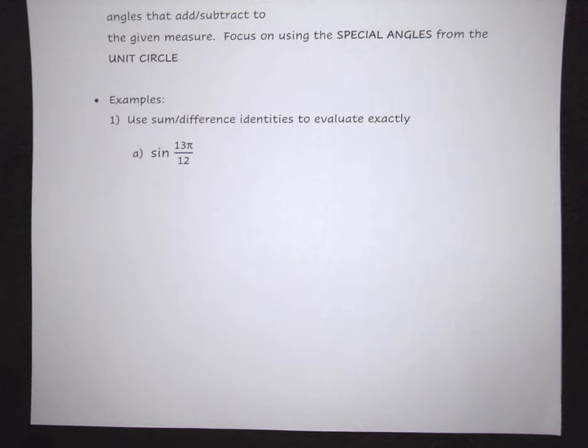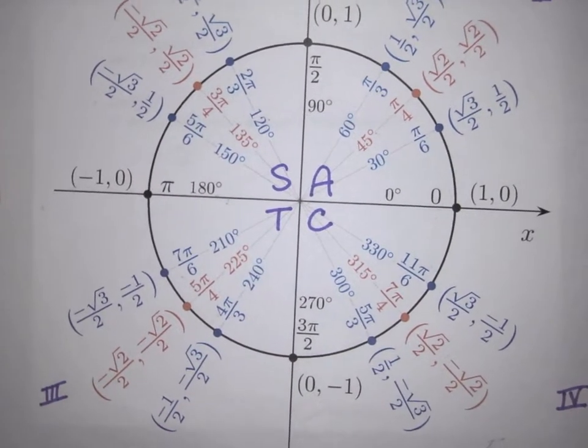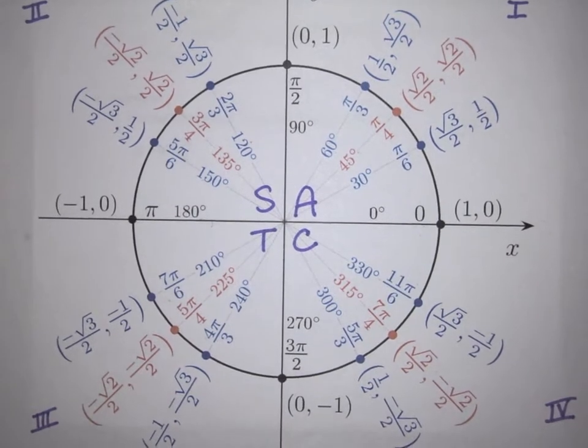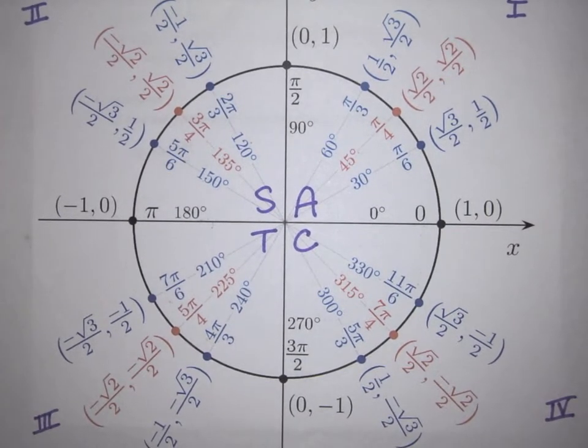Okay. So here, the first thing we want to look at is 13 pi over 12. The reason we use sum and difference identities is because we want to be able to reference back to our unit circle.